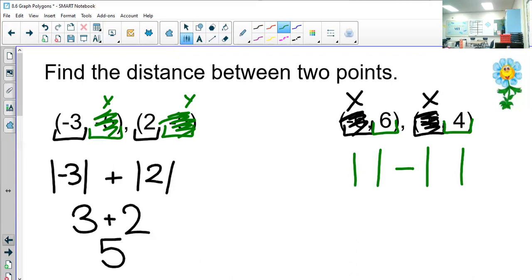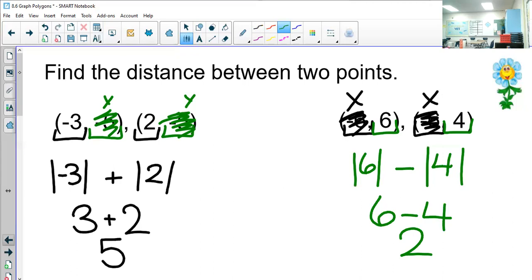So this is the absolute value of 6 minus the absolute value of 4. The absolute value of 6 is 6, minus the absolute value of 4, which is 4. 6 minus 4 is 2. So those points are 2 away.